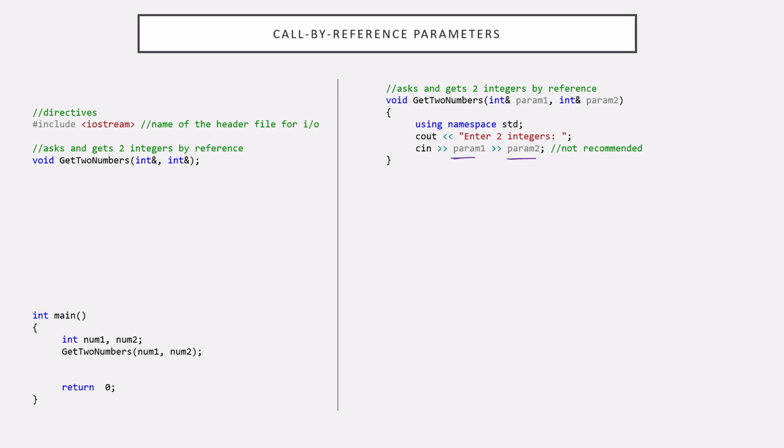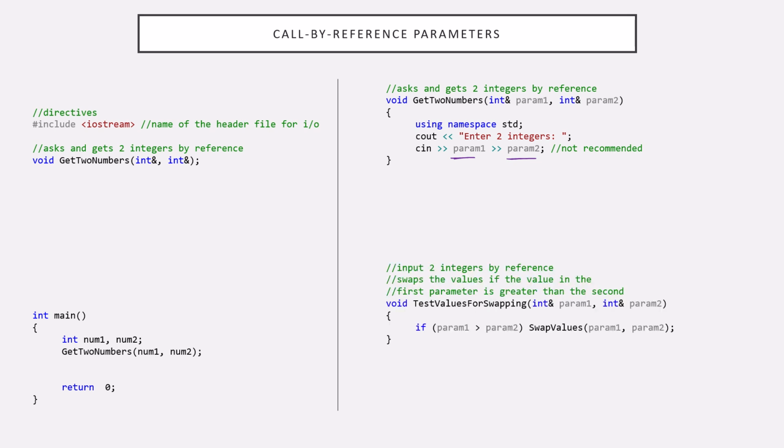So when the user puts these numbers in, they're going to be put in for param1 and param2, and num1 and num2 will also get modified because they're reference parameters.